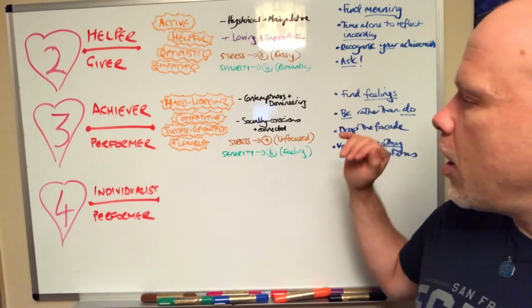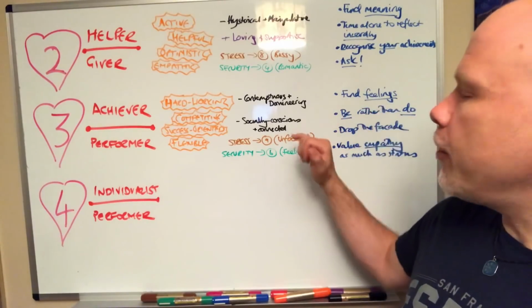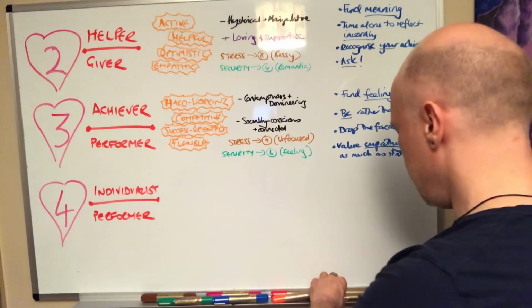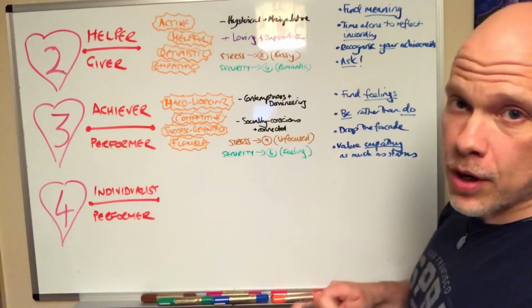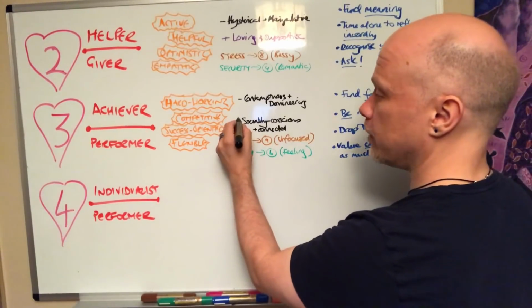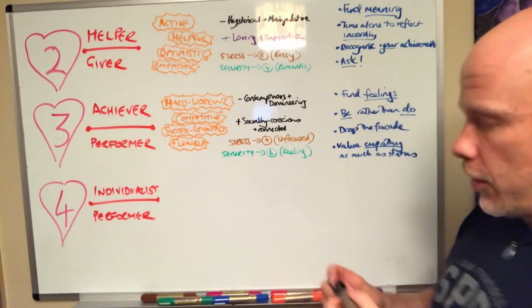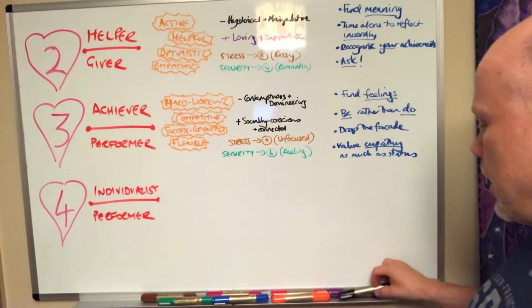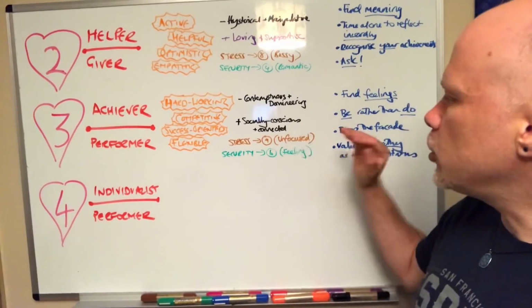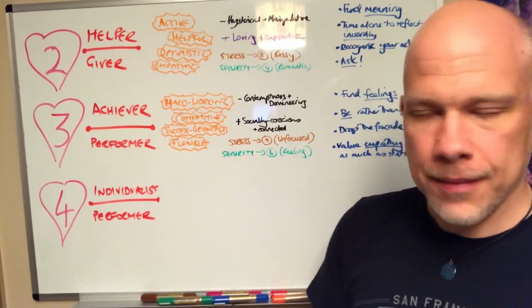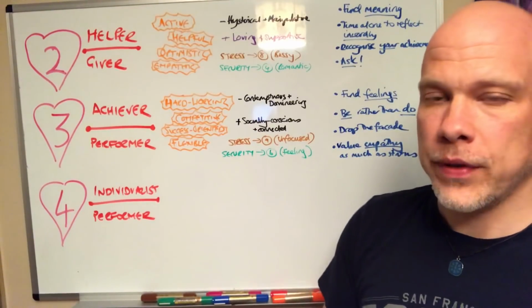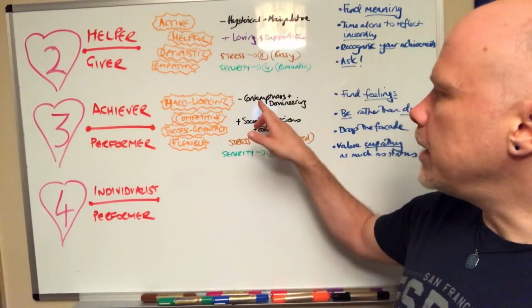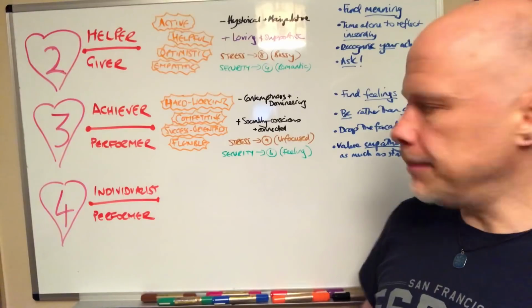So when they are in a healthy place, in fact, I should have done this in purple, and that should have a little plus, so forgive me, that is a plus rather than a minus. When they're in a healthy, aware state, they are socially conscious and connected. When they're unaware, when they're unhealthy, they can be contemptuous and domineering.